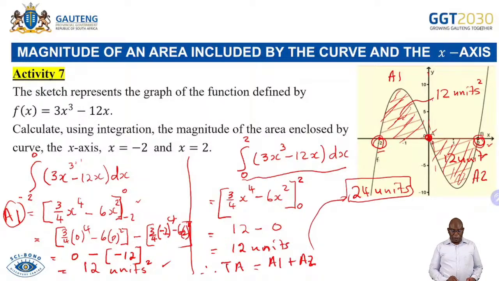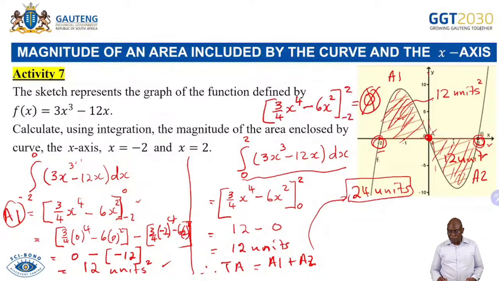Because if I had done it with 3 over 4 x to the power of 4 minus 6x squared, and I say 2 and minus 2, and I subtract that, my answer was going to give me a 0. And we can't have an area of 0 when we have those two shaded areas. If I had done it like that, I would have got 0.